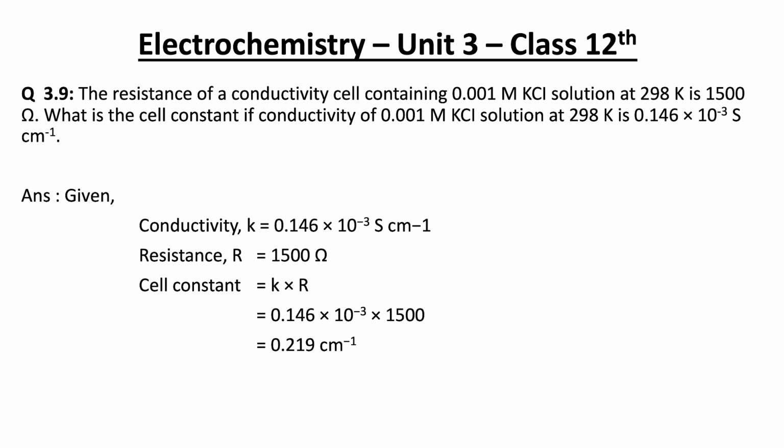So conductivity is given and resistance is given, and we have to calculate the cell constant. So we have done the formula K is equal to G into G star, or G star is equal to K into R. Substituting the value of K and R as given in the question, we get the answer of cell constant as 0.219 centimeter inverse.